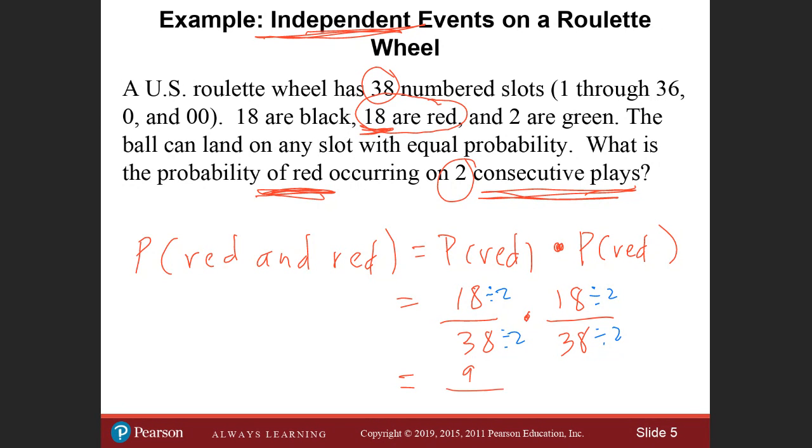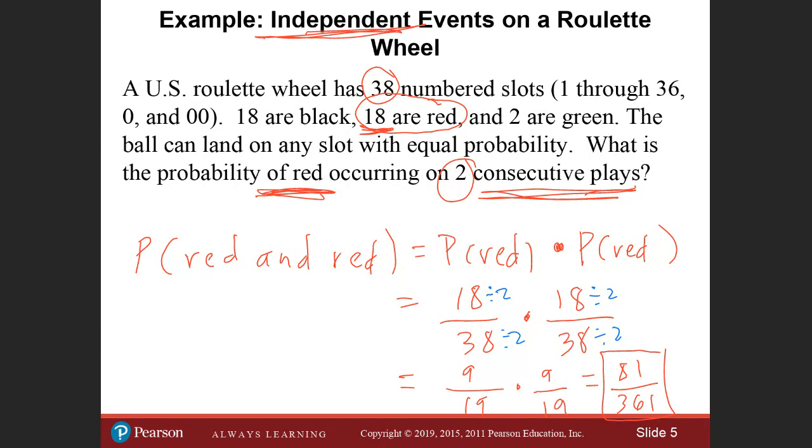And then 38 divided by 2, that would be 19, times 9 over 19. Then you will have the answer, which is 81 over 19 times 19 is 361. So that would be the probability of red occurring on 2 consecutive plays.